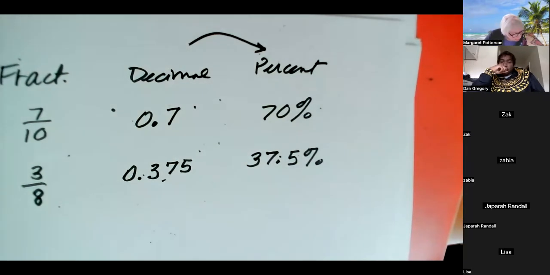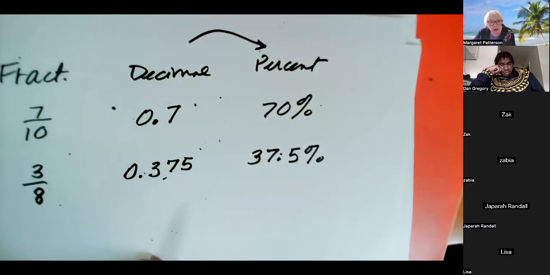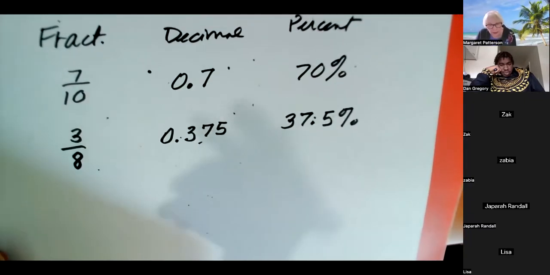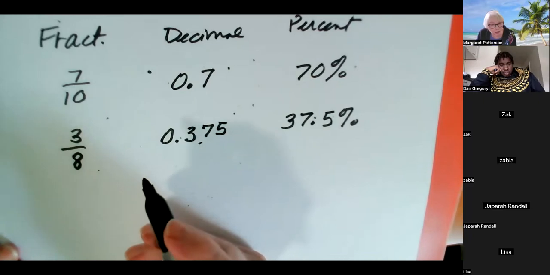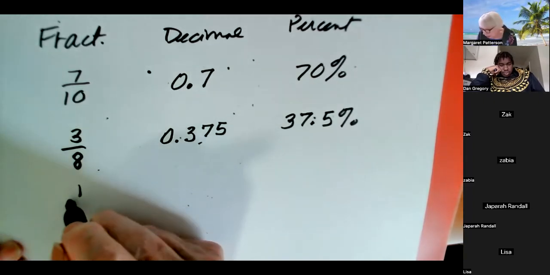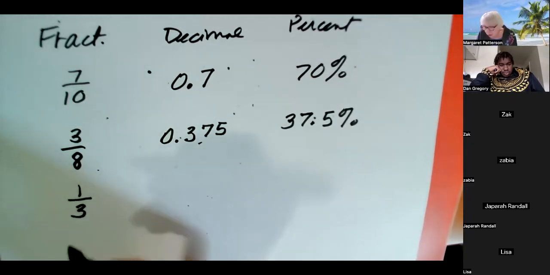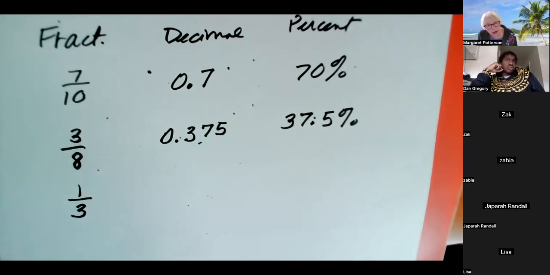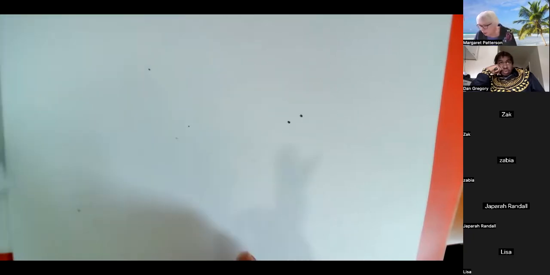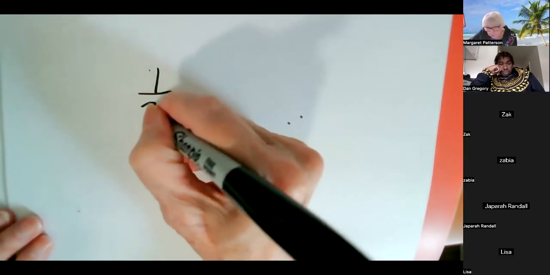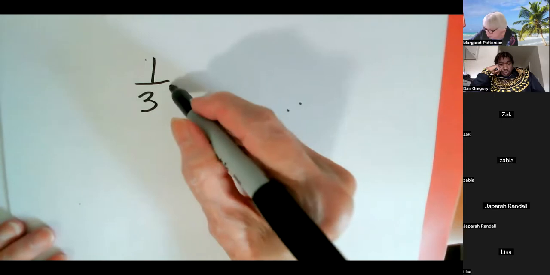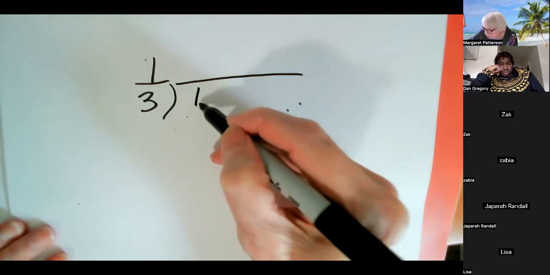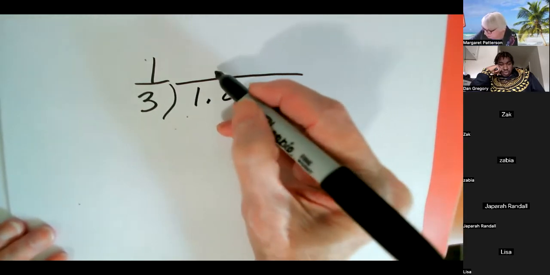Okay. So I did mention that there were 2 times when it was easier to work with a fraction than a decimal. I'm going to show you the 2. The fraction 1/3. If you took 1/3 and started dividing it out, here's 1/3. And so you would start dividing it out just like we did the last one.